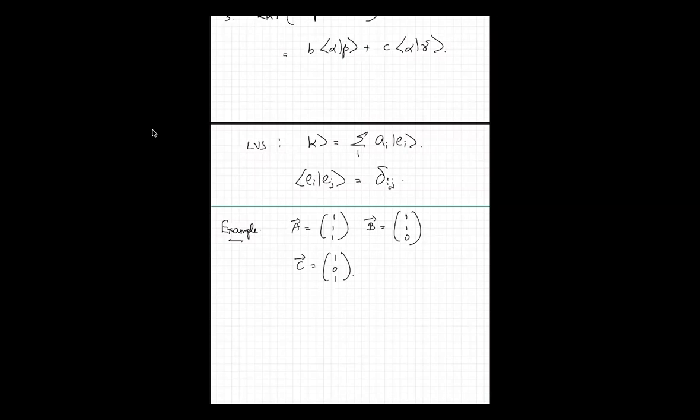Now notice that their length is not 1. The length of A is square root of 3, the length of B is square root of 2, and the length of C is square root of 2. They're also not orthogonal to each other. You will find that A dot B is not 0. A dot B is (1, 1, 1) dot (1, 1, 0), which is 2.